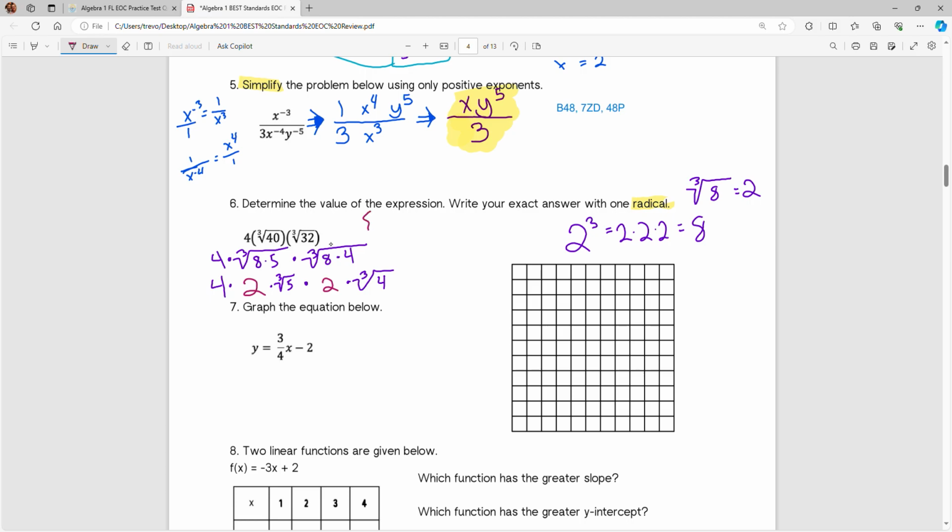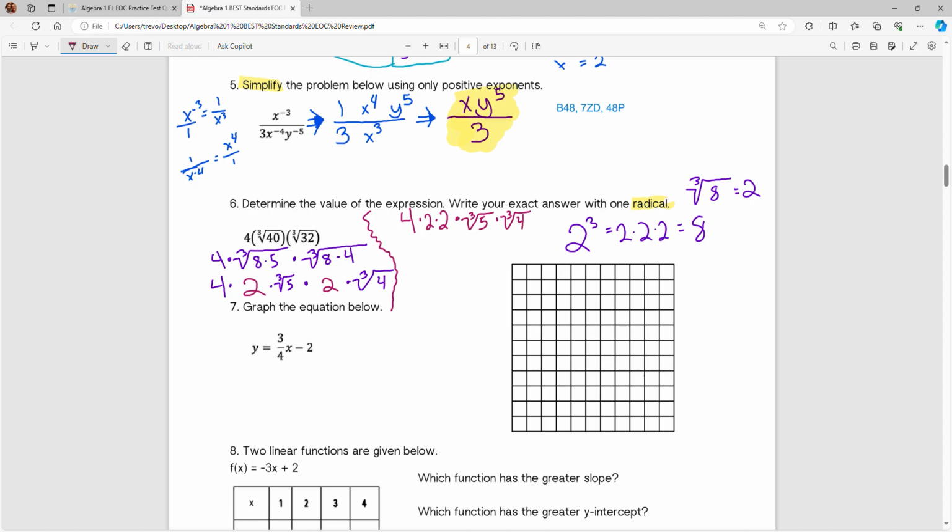And I need a little more space here. I'm going to move this 2 to the front. 4 times 2 times 2 times the cubed root of 5 times the cubed root of 4.